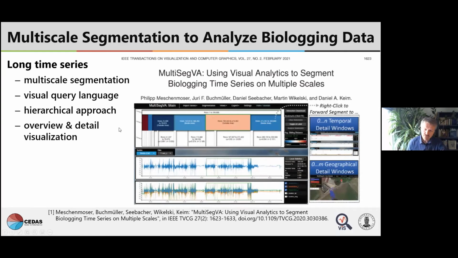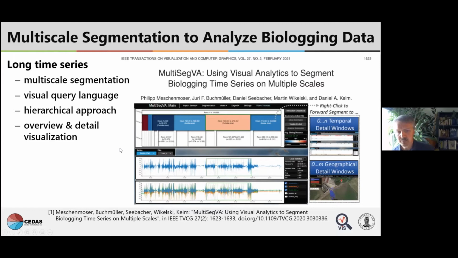I also wanted to show this work, even though it's a little on the side of the topic of the spring school, maybe. It's a very recent publication in TVCG about long time series. Here it's biologging data. I think the starting point for them are the migration paths of animals, as far as I understood. But they show that they can use this also in different contexts.